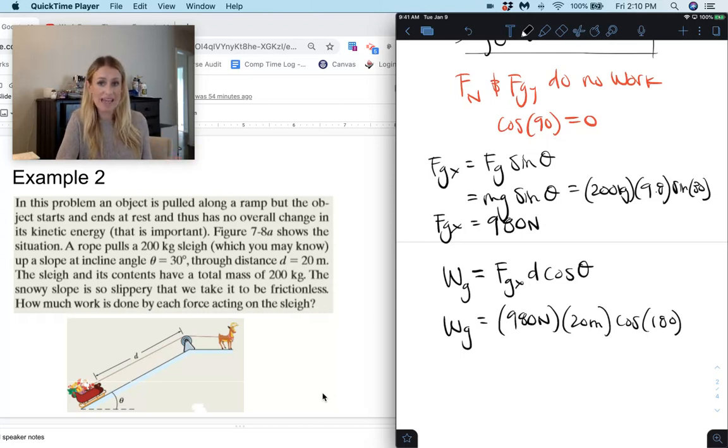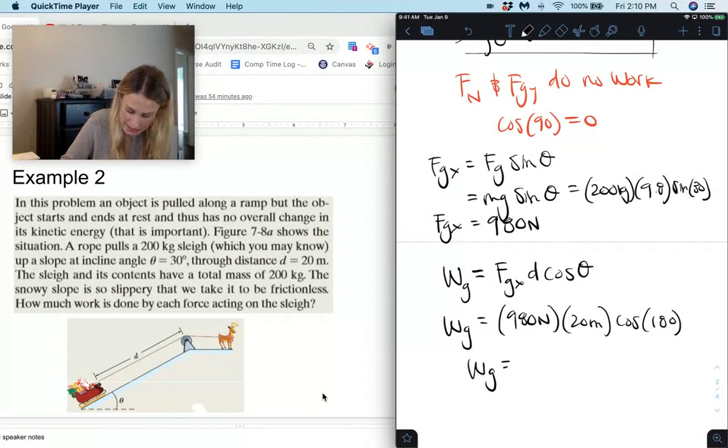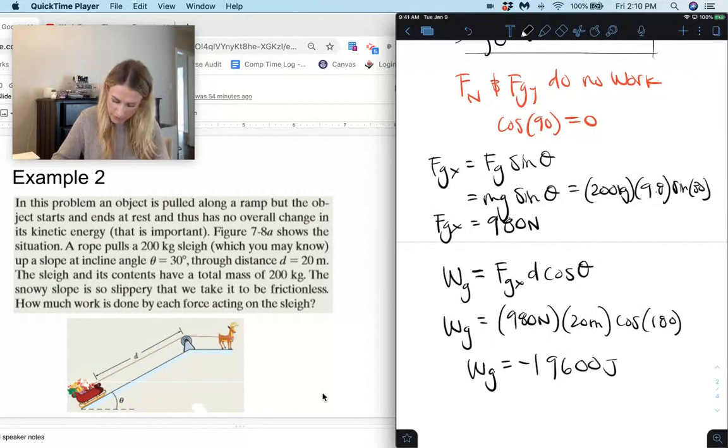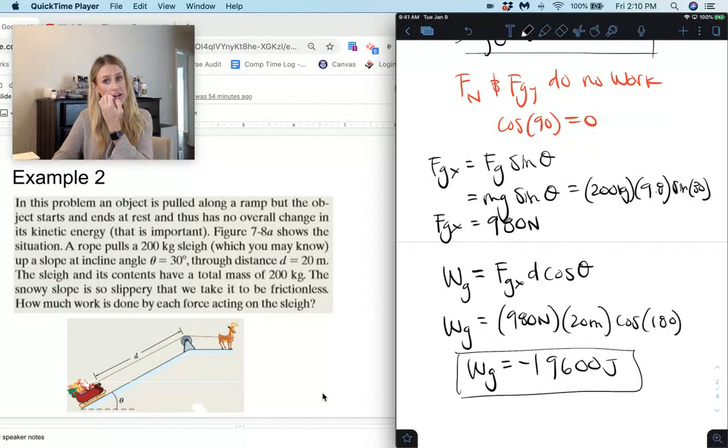So that's going to be a negative work done by that force. So we get 980 times 20 times negative 1, and we get work done by the force of gravity is equal to negative 19,600 joules. So we know the work done by the force of gravity now.